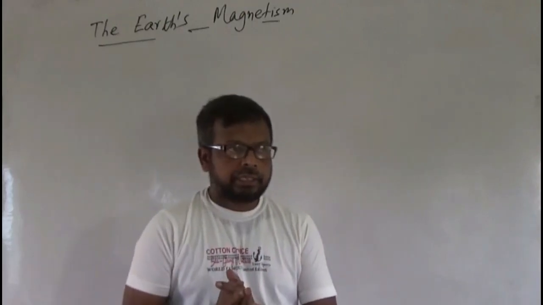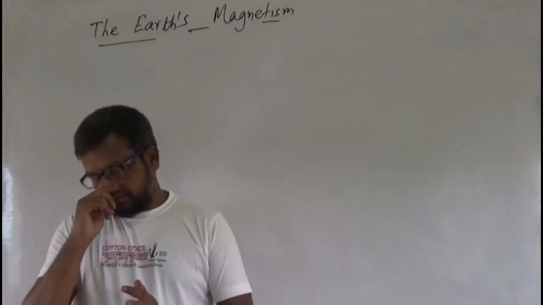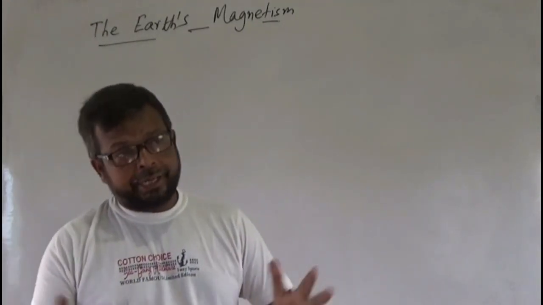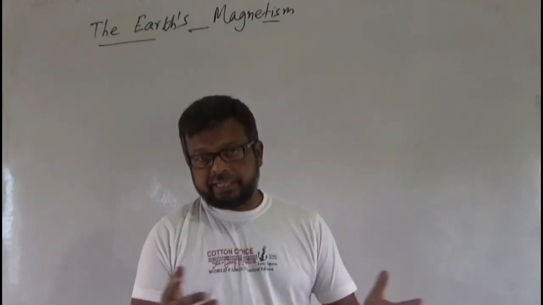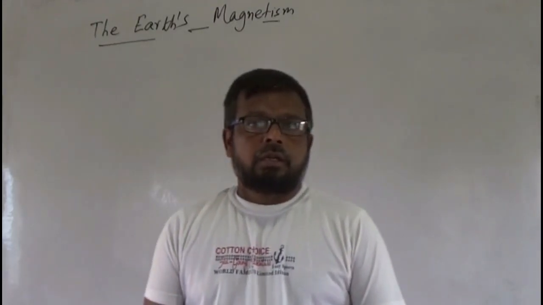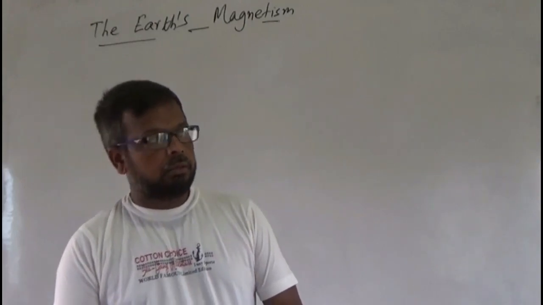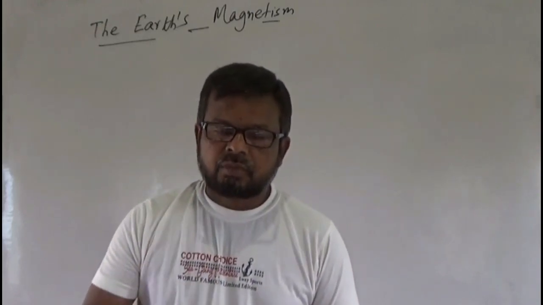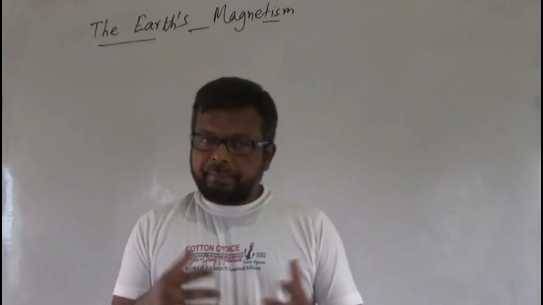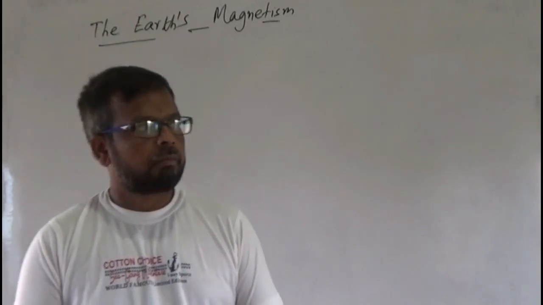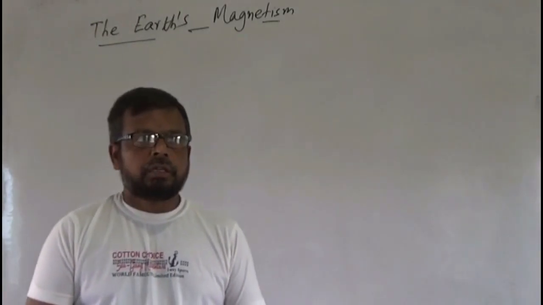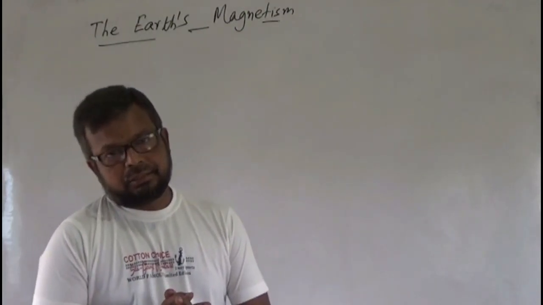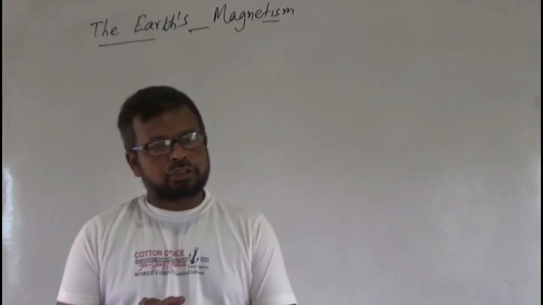We all know that surrounding Earth, or at each and every point on the Earth's surface, there is a magnetic field. If we just hang a bar magnet, then after some rotation or oscillation it stays in the north-south direction.